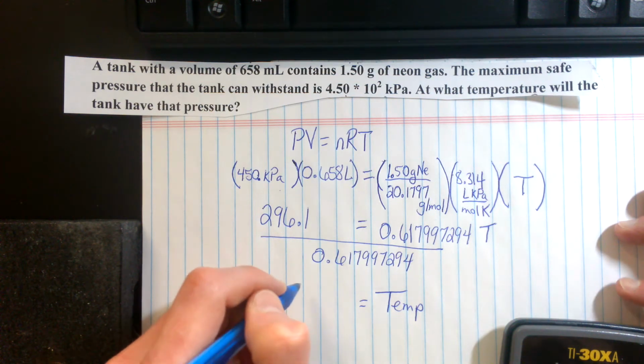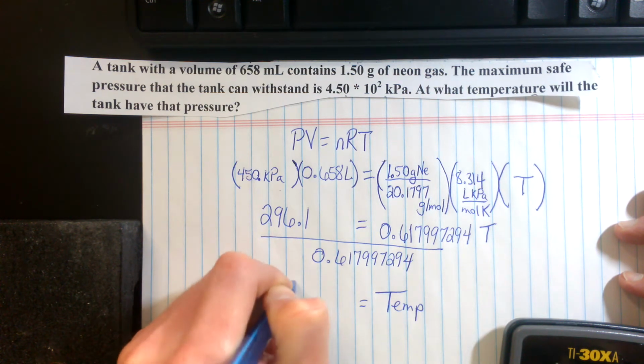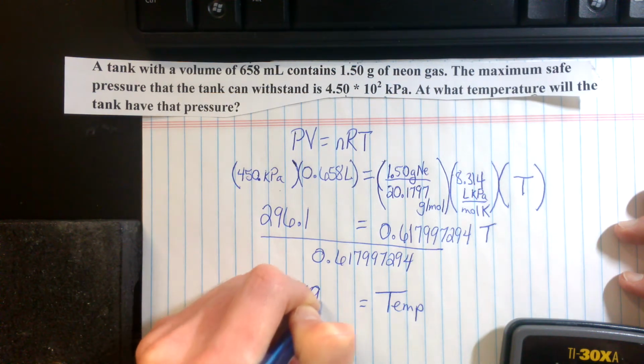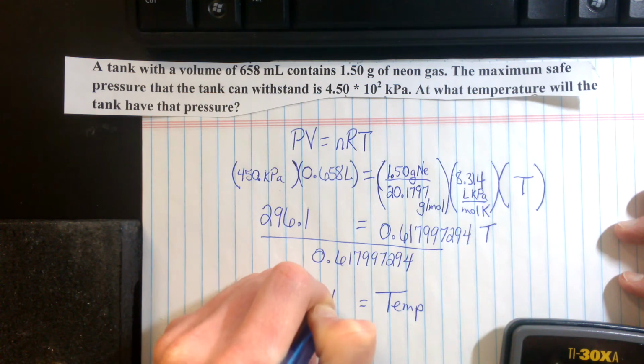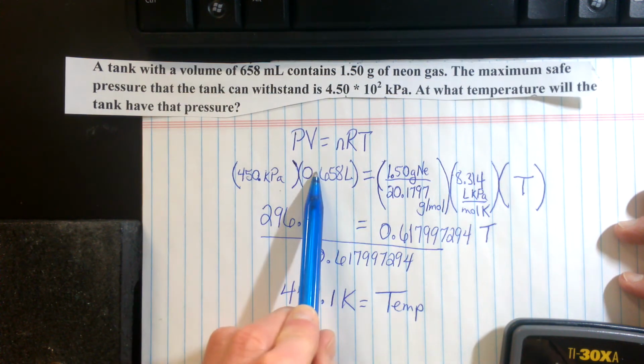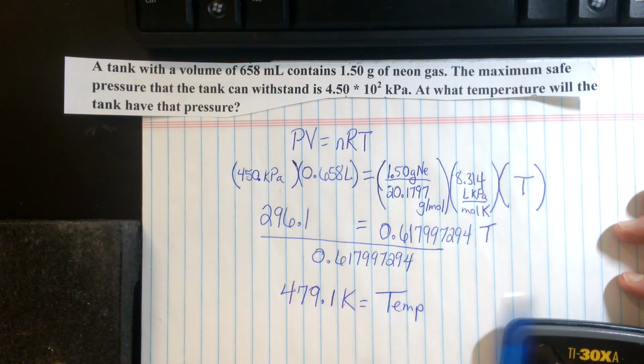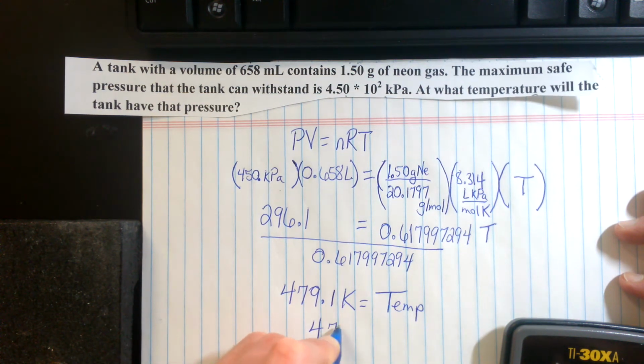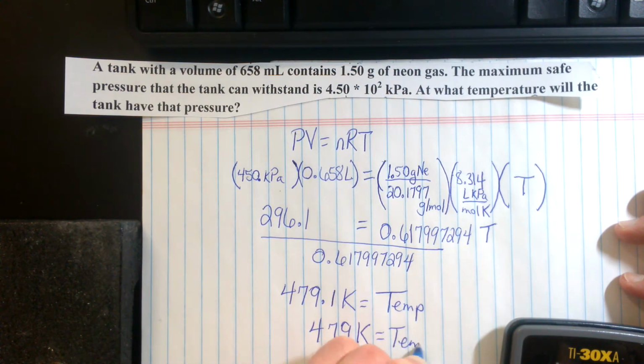Okay, and so our temperature comes out to be 479.1 Kelvin. Now with sig figs, we have 3 sig figs in each one of those quantities, so we would round this to 479 Kelvin as our temperature of gas.